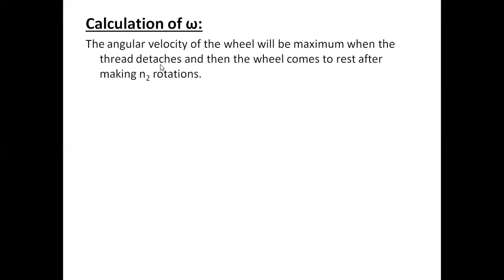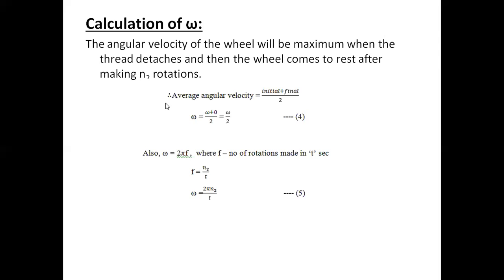The average angular velocity of the flywheel after making n2 number of rotations is given by initial plus final by 2. Initially it will have a large angular velocity, which is omega, and finally it comes to rest, hence it is 0. So the average angular velocity is omega by 2.